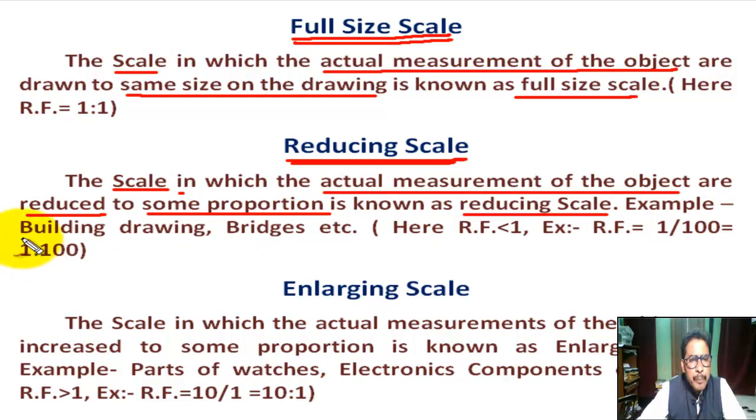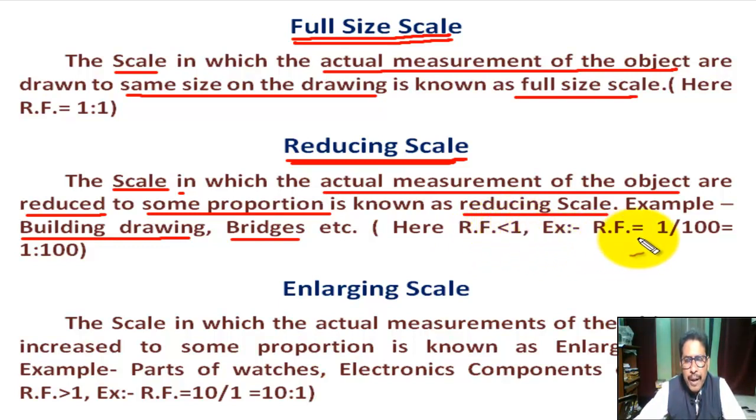Example: building drawing, bridges, etc. Here, RF equal to length of the drawing by actual length of the object. As length of the drawing is smaller, RF is less than 1.